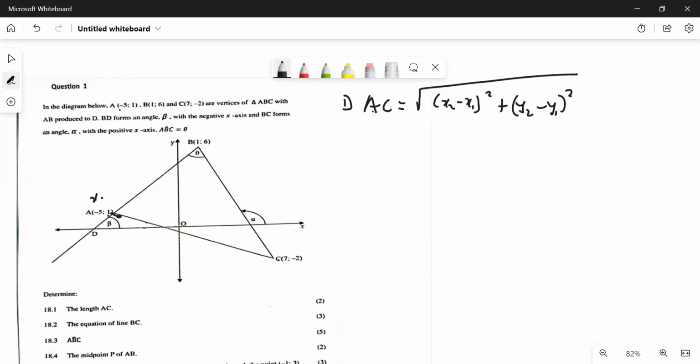So this one is going to be x1, and then we also concentrate on C. This one is x2, and this one is y2. And then using the distance formula, you're going to substitute x2.